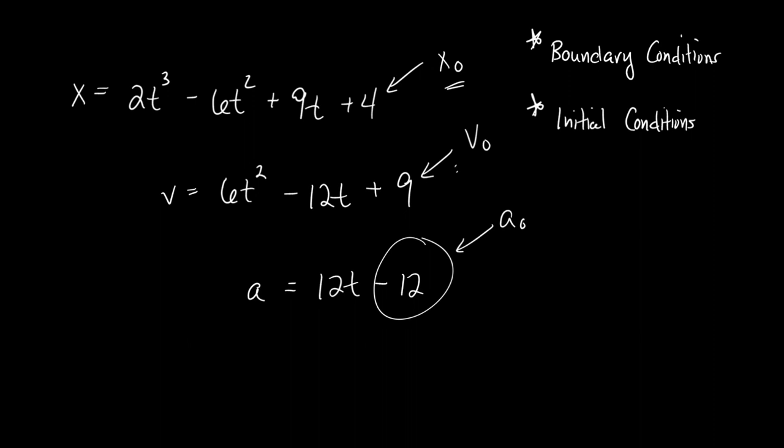I bring it up because if you start with acceleration and attempt to work backwards, you realize you've lost something, right? When the derivative was taken to create the acceleration from velocity, we lost this number. So if you start with acceleration, you don't know what the initial velocity was. In the same way, if you start with velocity, you don't know what the initial position was.